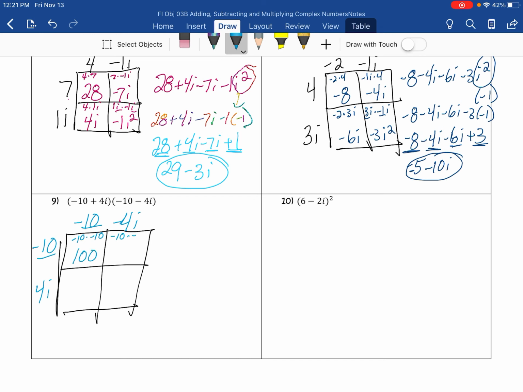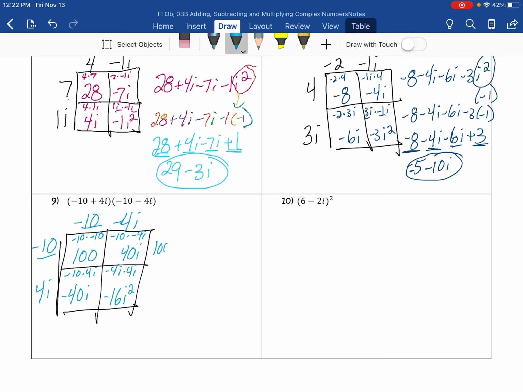This is going to be negative 10 times negative 4i. Actually, this should be positive 40i. Sorry about that. Negative 10 times negative 4 is positive. This should be negative 40i, and this is negative 4i times positive 4i, which is negative 16i squared.